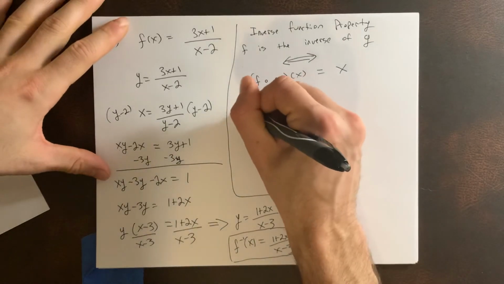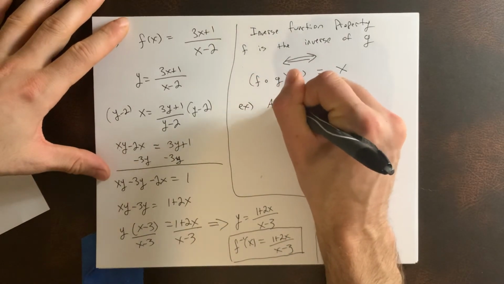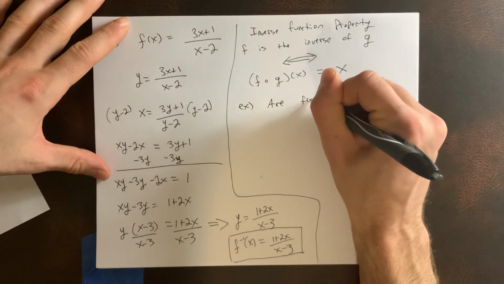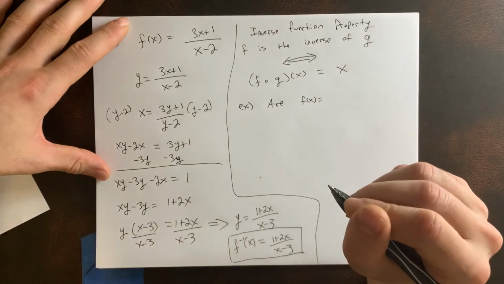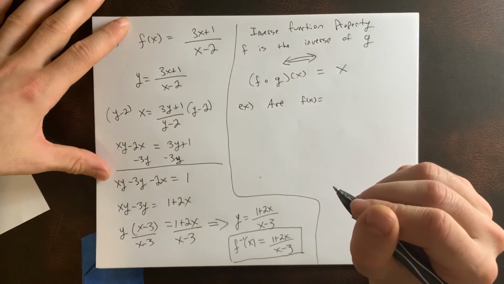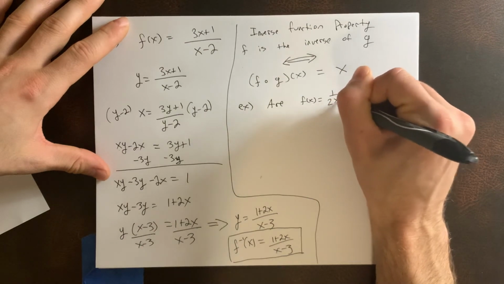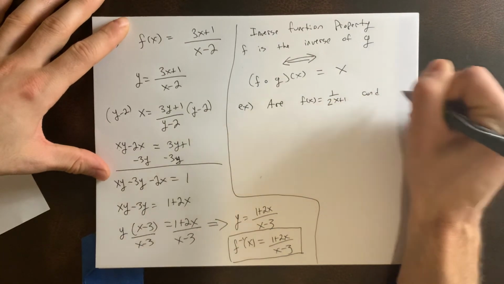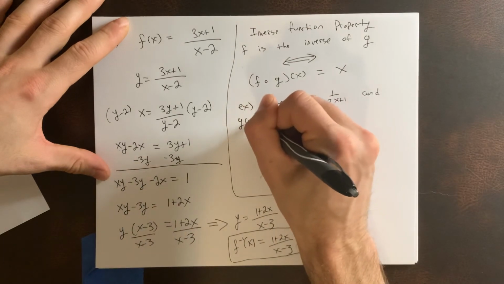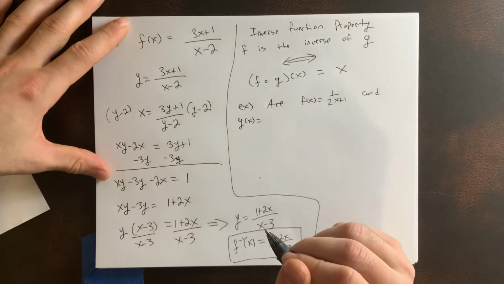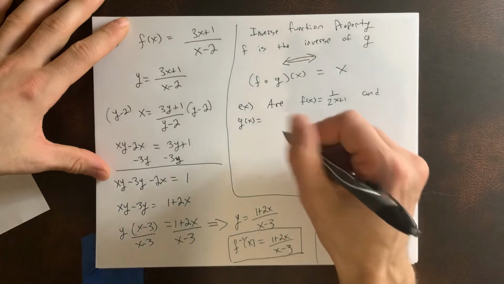So our f of x equals 1 over 2 plus x, or sorry, 2x plus 1, and g of x equals (1 minus x) over 2x.